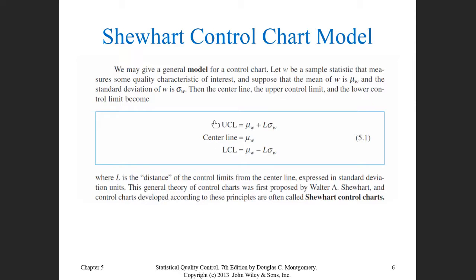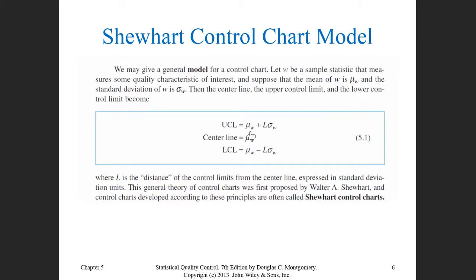Here, this is the general model. As we said, all control charts consist of control limits, upper control limit, lower control limit, and center line. The center line is always identified as the mu, and the upper control limit is the mu plus L standard deviations. The W here refers to the quality characteristic that you are measuring or monitoring.